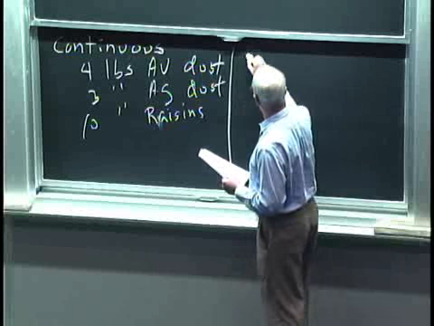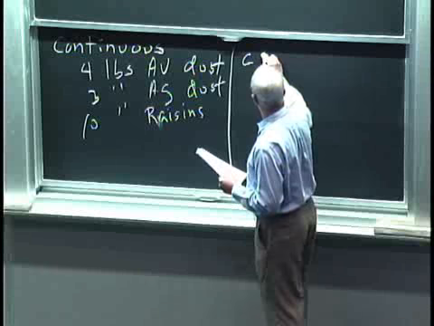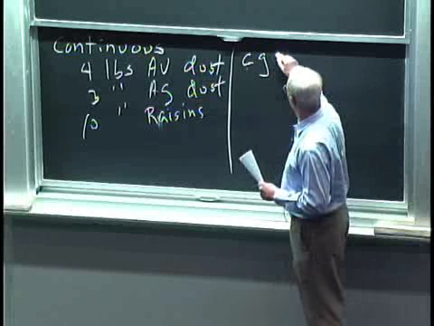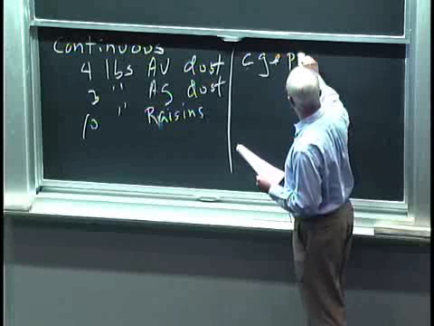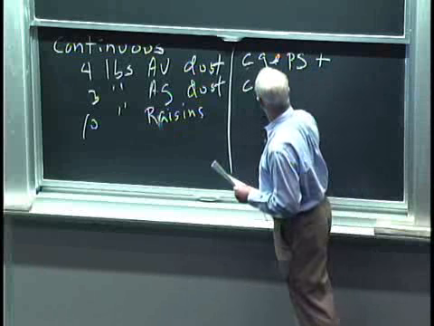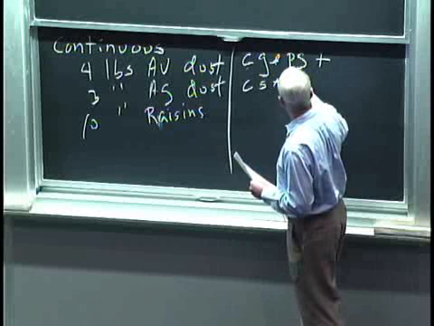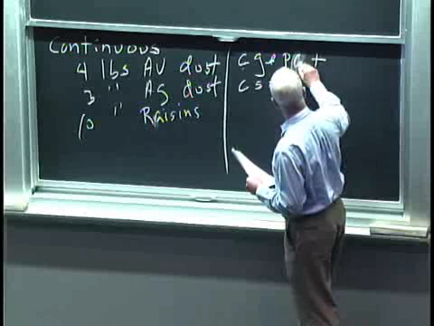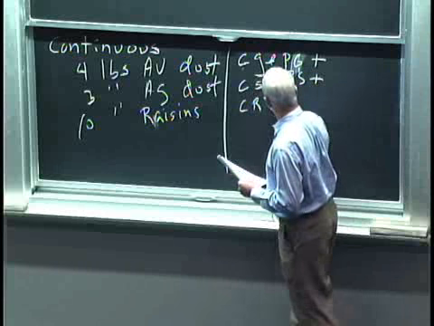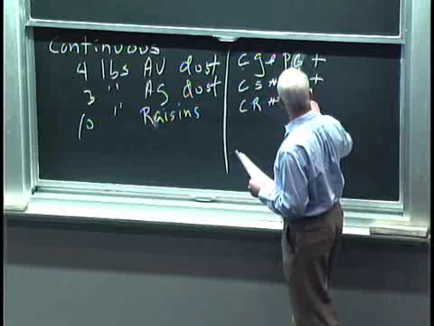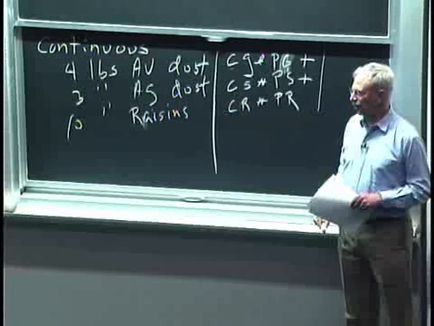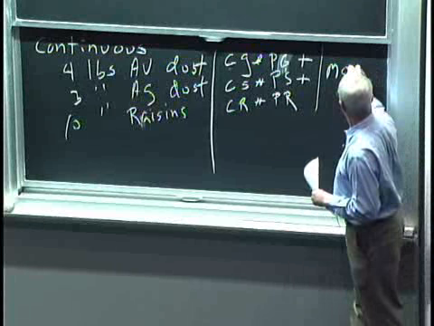Well, let's say it's some amount of the cost or the value of gold times however many pounds of gold, plus the cost of silver times however many pounds of silver, plus the cost of raisins times the number of pounds of raisins. So that's the function I want to optimize. I want to maximize that function.